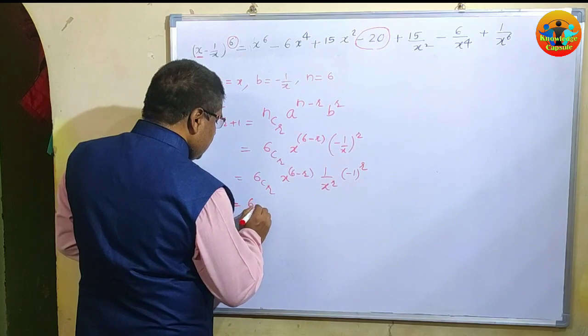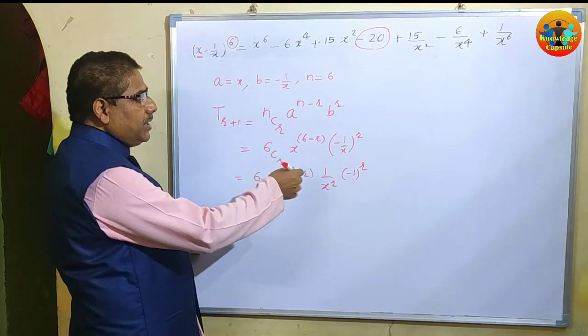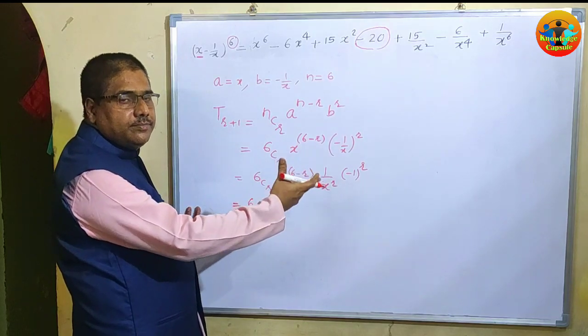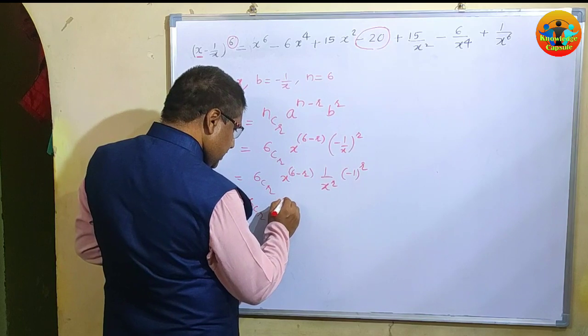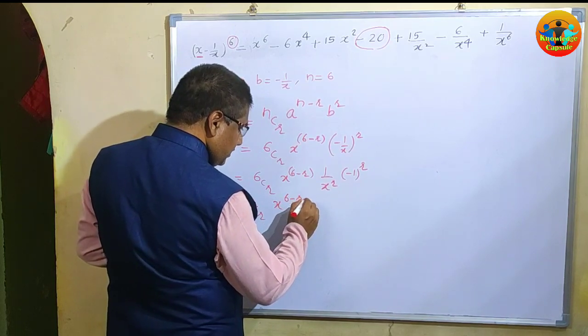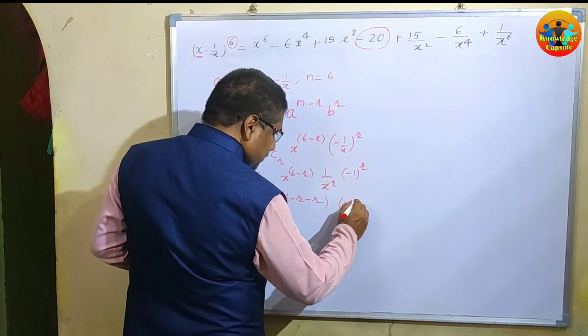Therefore 6Cr, collecting all the powers of x and applying the indices rule, we will get x raised to 6 minus r into minus 1 raised to r.